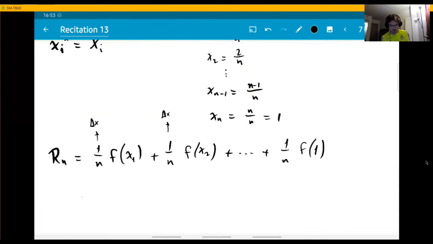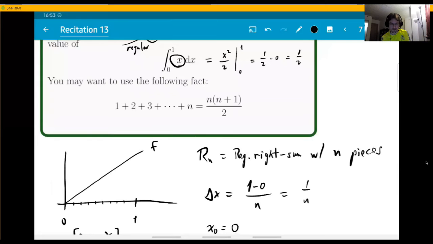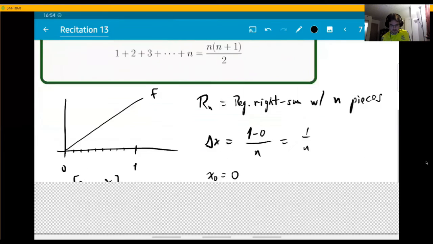Okay, so how does this work? First of all, let's put all of these 1 over n's in front of the expression, multiplying the sum of the f's. And remember, the function is just the x function. That's what's inside of the integral. F of x equals x. Let me just scroll back up to the integral quickly so you can see that. Here's f. It's a very simple function.